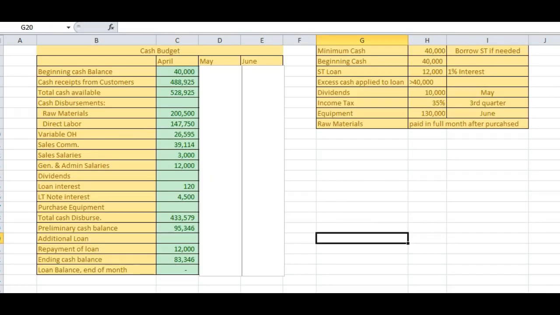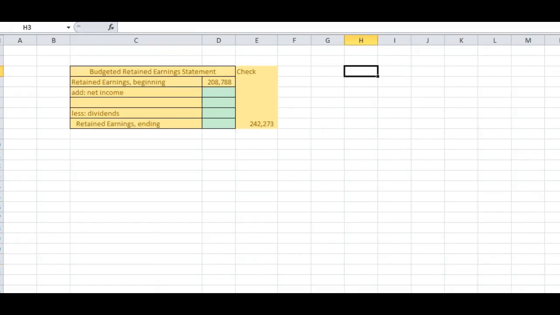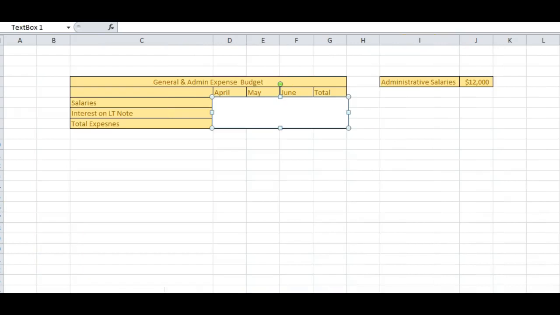Now that's going to set you up for doing the income statement, the retained earnings, and then the budgeted balance sheet. And the reason why we're doing a video is because I truly believe you're going to be getting all of this data put together for you, and then somebody is going to say, what does this look like for our financials next period?